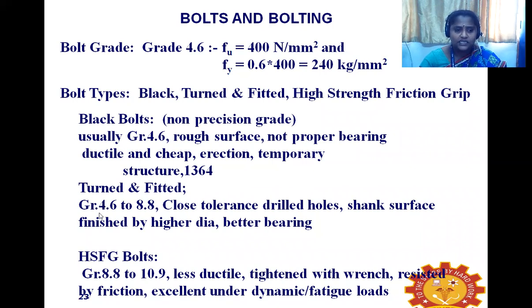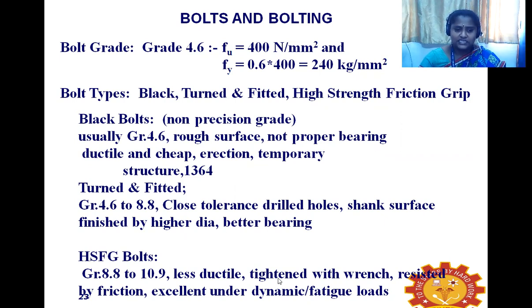Next type is turned and fitted. For this type of bolt, we have a grade range of 4.6 to 8.8. We have a close tolerance to the drilled holes. The shank surface is finished to a higher diameter, giving better bearing. Comparatively, when compared to the black bolts, it is somewhat better.